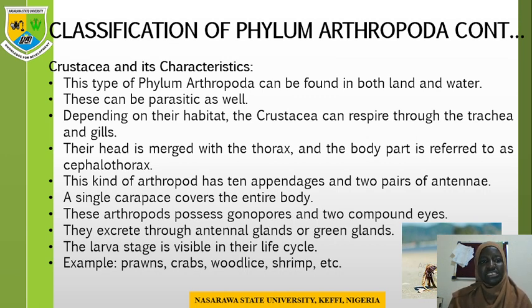Class Crustacea. This class is found both on land and in water. They are parasitic. Depending on their habitat, they respire through trachea and gills, which qualifies the first characteristic, being both on land and in water: the trachea on land and the gills in water.